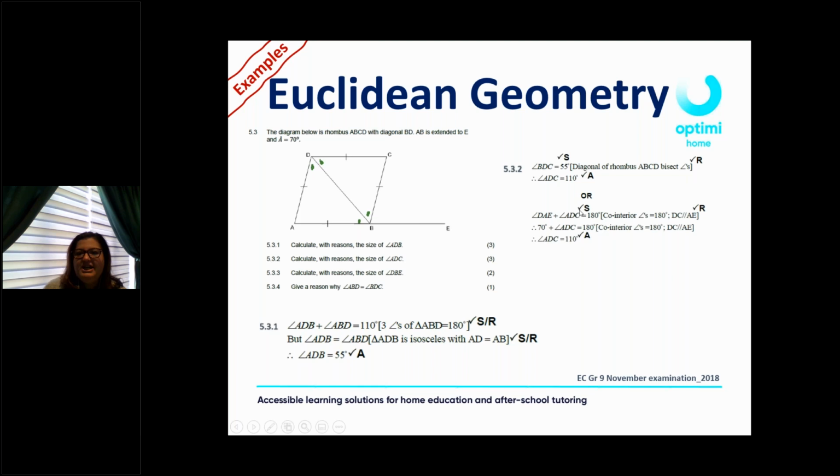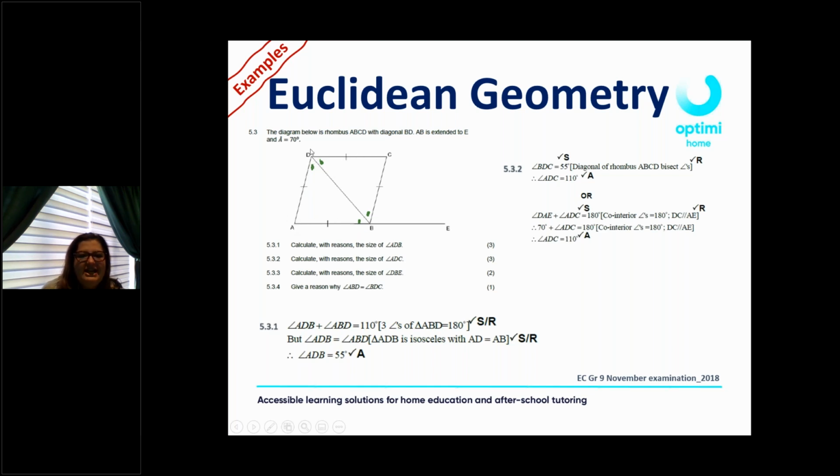You will see that there are other options as well where they work with co-interior angles. So when you have this A as 70 degrees, plus this D angle should be 180 degrees. You see the box that we talked about with co-interior angles.